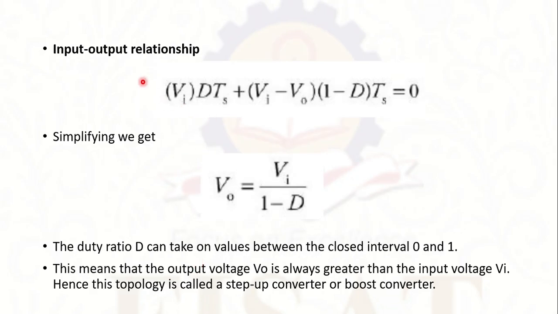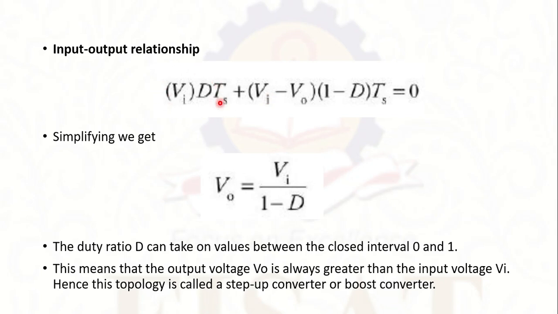So considering the input-output relationship, that is, considering the voltages during both d into Ts time and 1 minus d into Ts time: Vi into dTs is the voltage across the inductor during d into Ts, plus Vi minus Vo, which is the voltage across the inductor during 1 minus d into Ts time.